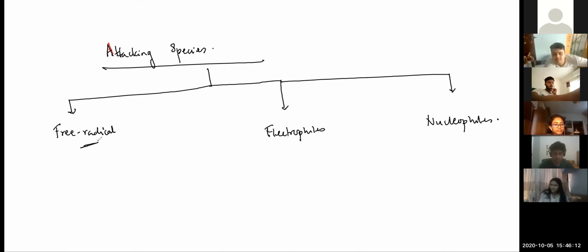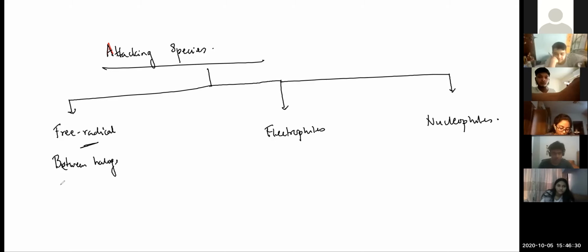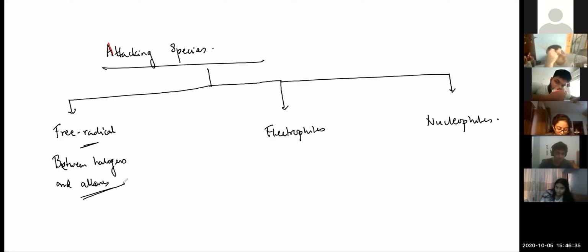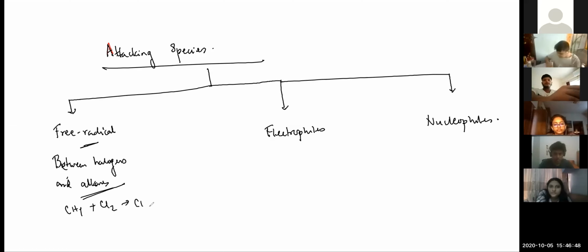We studied this in O levels. Halogens and alkanes. Very good. Free radical substitution occurs between halogens and alkanes. Don't write it. If you remember, we took methane and added a halogen and it became CH3Cl.